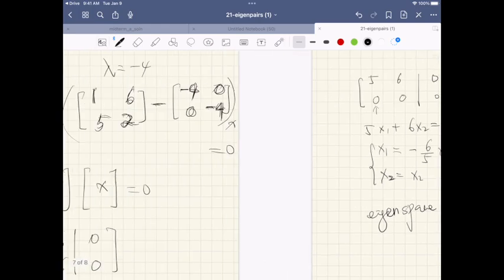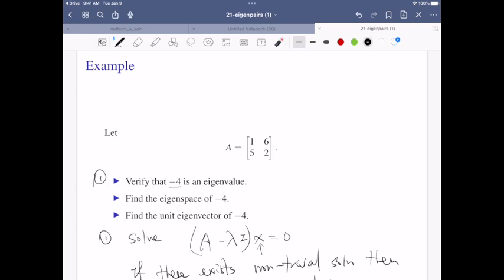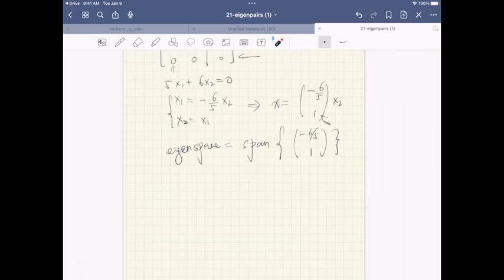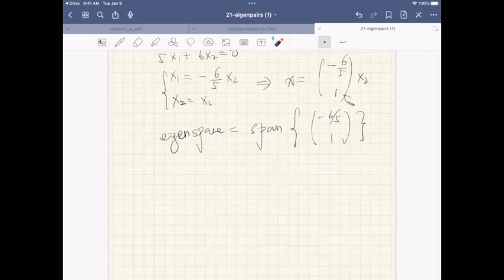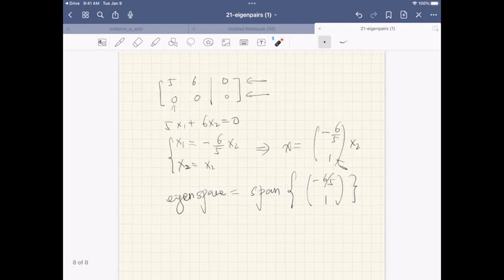Now the last question is to find the unit eigenvector of negative 4. Any solution of (A minus lambda I) x equals 0 is going to be an eigenvector, so there are many eigenvectors.